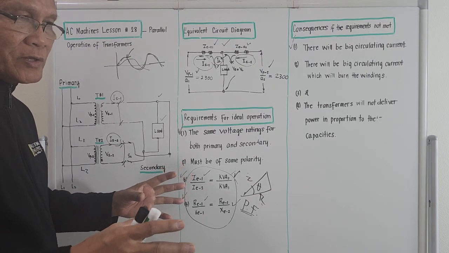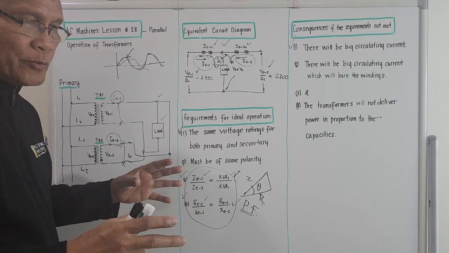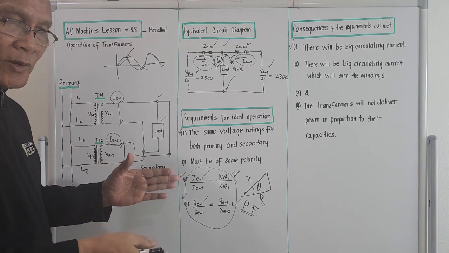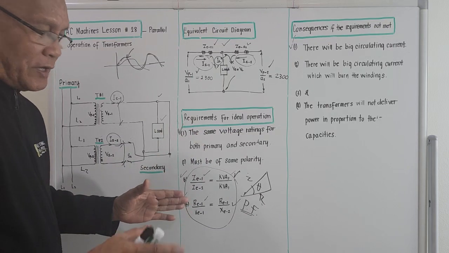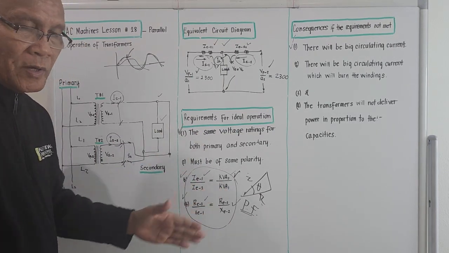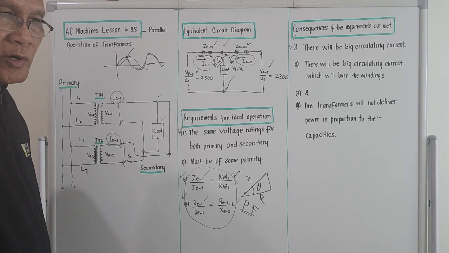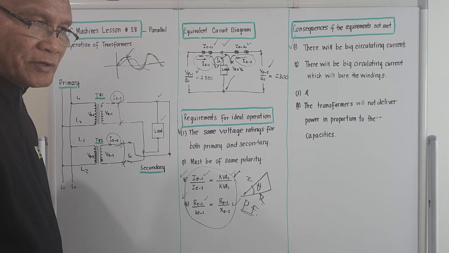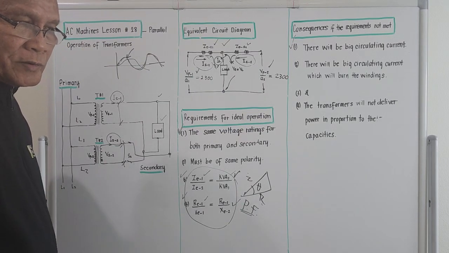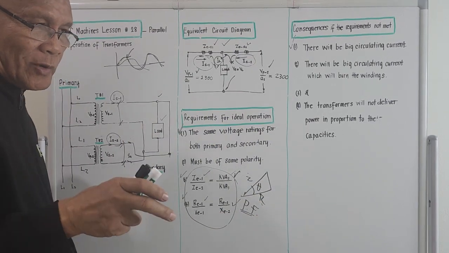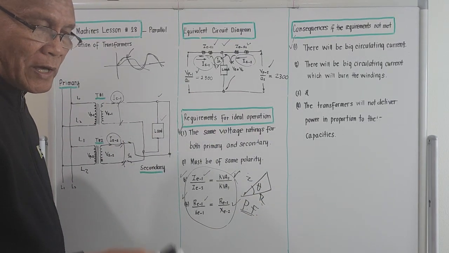Supposing you connect two transformers which have different voltage capacities, the polarities are not the same, and the ratio of the impedances with respect to the power are not the same. For sure, there will be a circulating current. So, design engineers are actually interested in the value of the circulating current. So, on our next topic, we will try to derive the formula and how to compute for the circulating current.